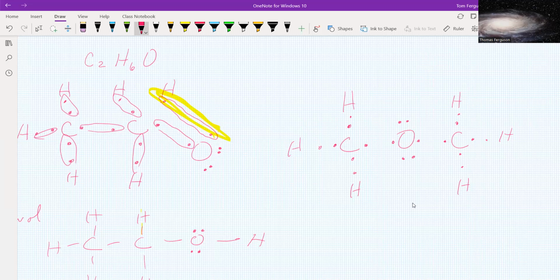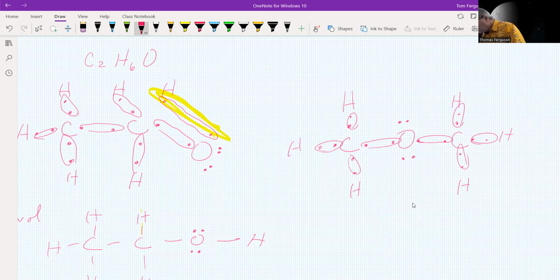We need to connect up everything. Step number 2 is connect everything up once. Do we have any lone singletons? No, we don't. Let's check the number of bonds. Carbon needs 4: 1, 2, 3, 4.